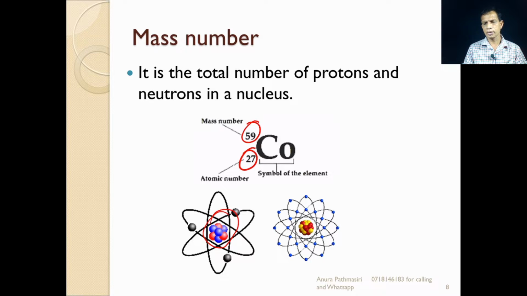Inside the nucleus there are neutrons and protons. They are the subatomic particles with a mass. So the sum of neutrons and protons indicates the mass number. Why did I discuss the mass number? Because we are going to talk about the relative atomic mass.